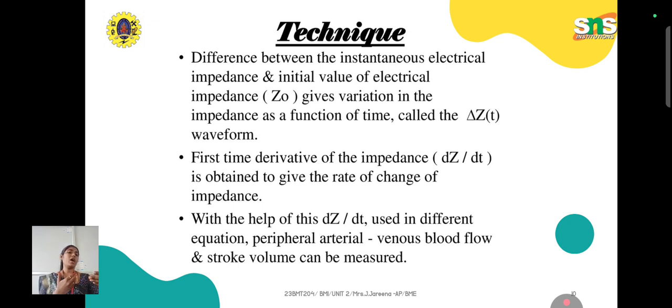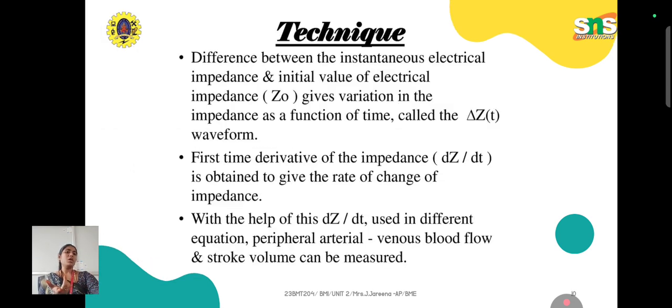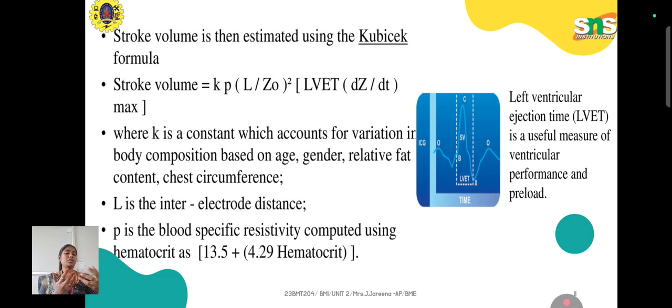That is why we have dZ by dt, the derivative of impedance, which is obtained to give the rate of change of impedance over a period of time. So we have a formula by means of which, using this impedance value, you can easily find the stroke volume. We can assess two things, one is blood flow and the other is stroke volume.